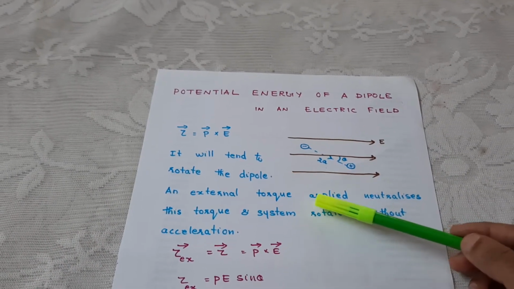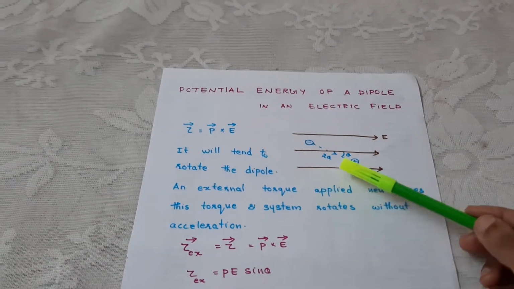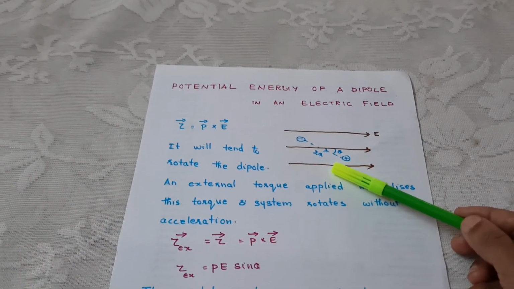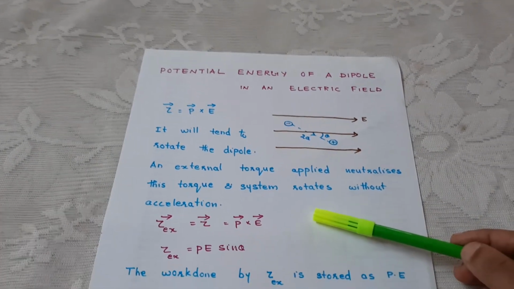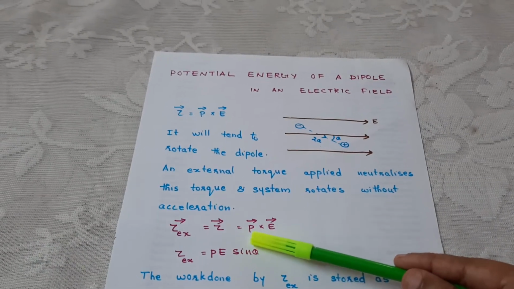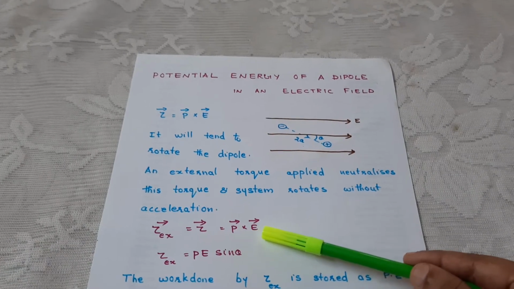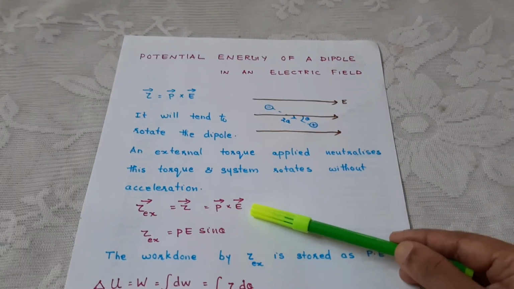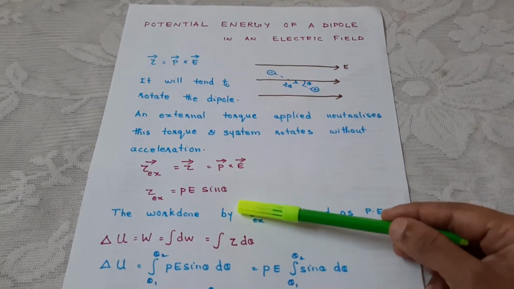If an external torque is applied which neutralizes this torque, then the net torque is 0 and the system rotates without acceleration. The external torque should be equal to the torque acting on the dipole in the electric field, that is p cross E. The magnitude of the torque is pE sin theta.